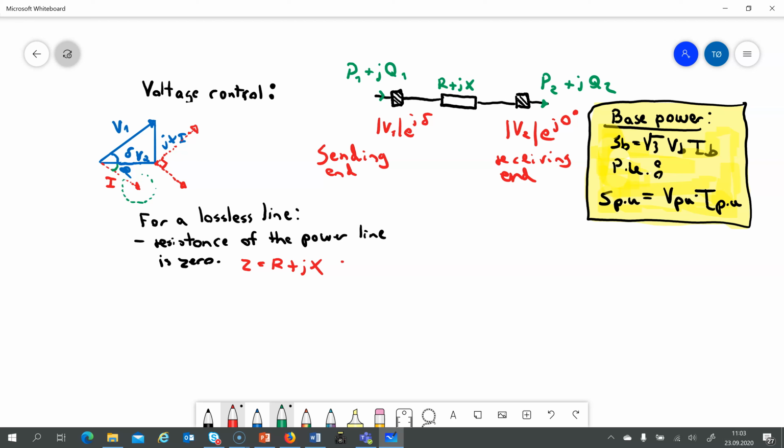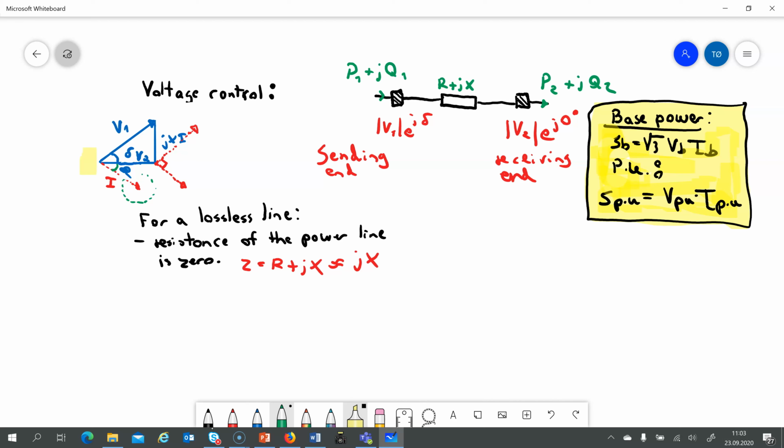However, we typically work with what we call a lossless line. So actually we only work with the reactance value of this line.